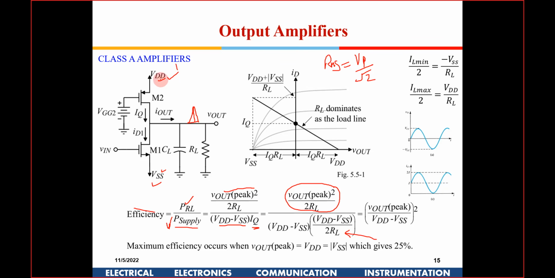What is that peak voltage? VDD minus VSS by 2. This is the signal which is going here, so this can go from VDD to minus VDD. If I take the difference of that by 2, that is the average DC voltage divided by RL. So that is the average current which is flowing here. Is this okay?